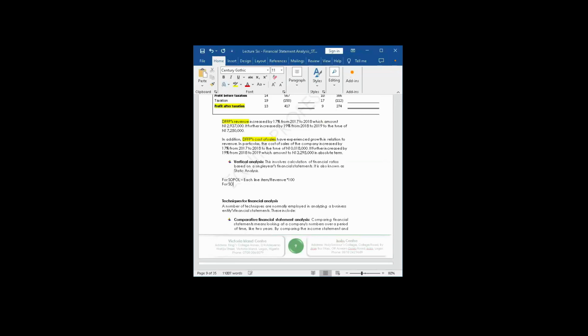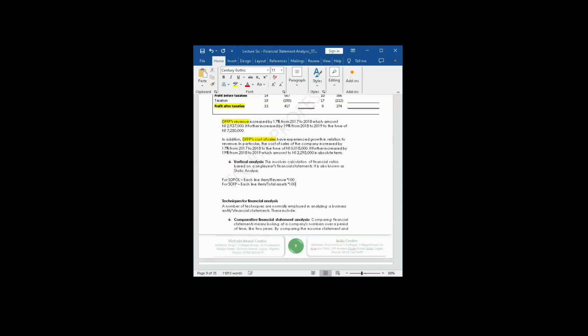However, for statement of financial position, each line item is divided by what? Divided by total assets times 100.